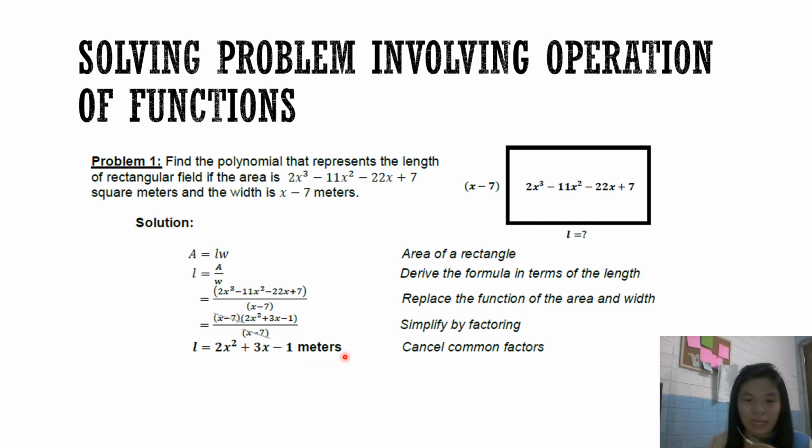Huwag po natin kakalimutan yung unit of measurement. So, in case na pwede pa itong i-factor yung 2x squared plus 3x minus 1, halimbawa, pwede pa siyang ma-factor sa pinapasolve natin sa modified assessment, kahit hindi na i-factor kasi isi-simplify nyo pa rin. Babalik din kayo sa 2x squared plus 3x minus 1.